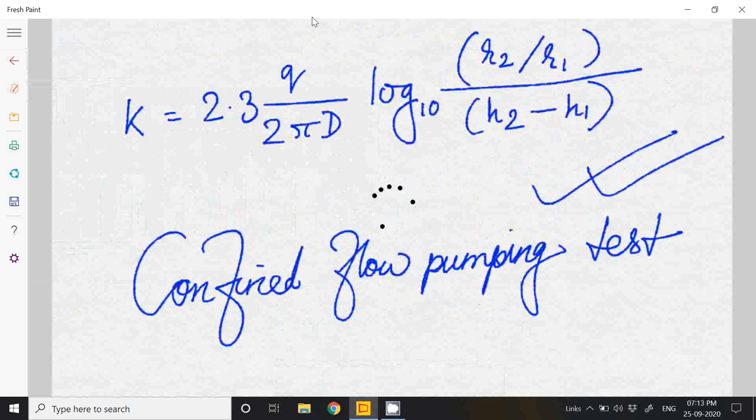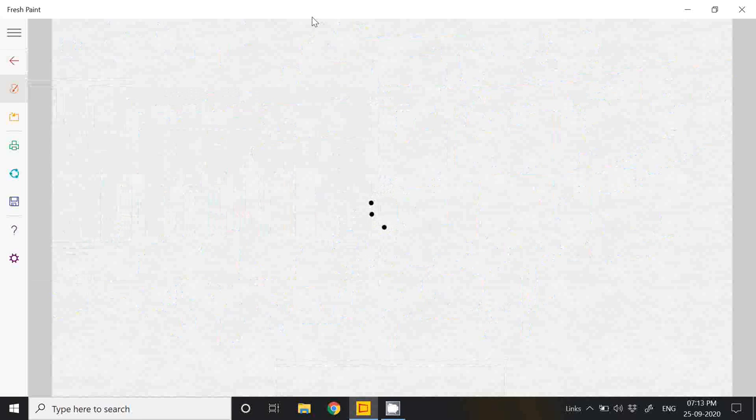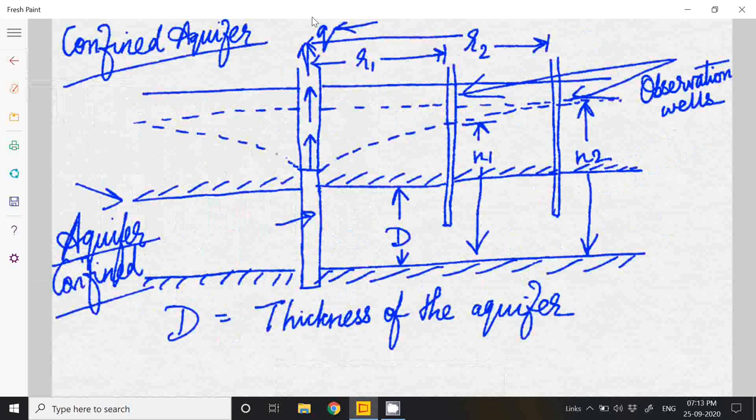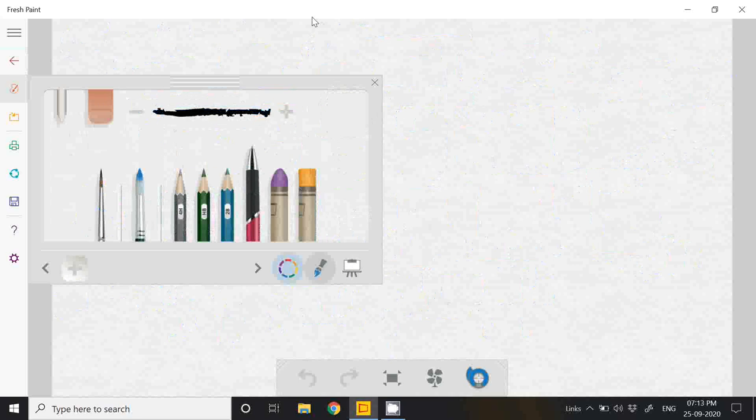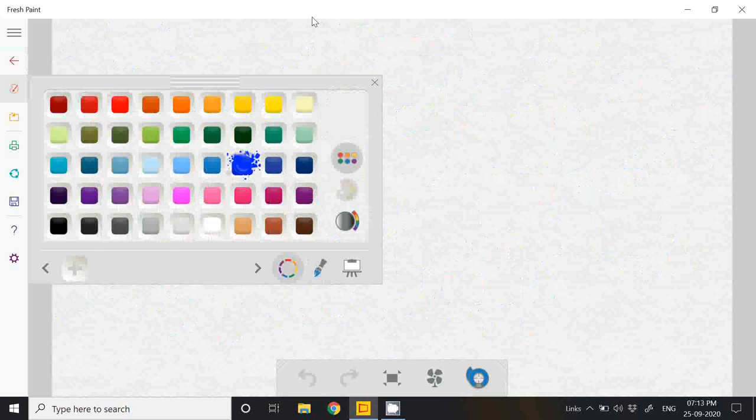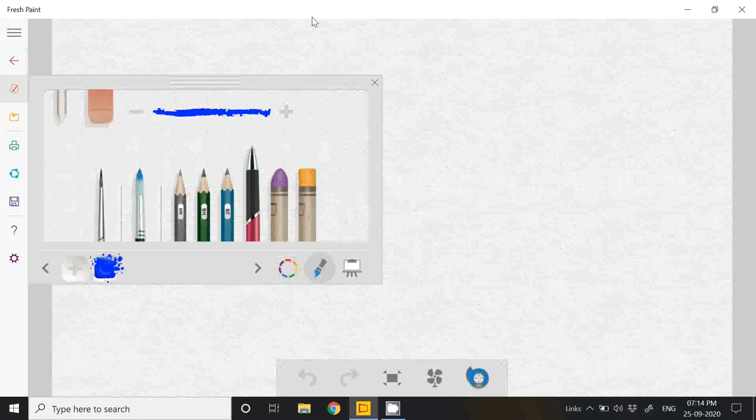The first test was unconfined, and the second test is confined, where there are two impermeable layers, one is this one and the second one is this one. These were the field tests that you need to know for deriving permeability. Let us now go to the next topic.